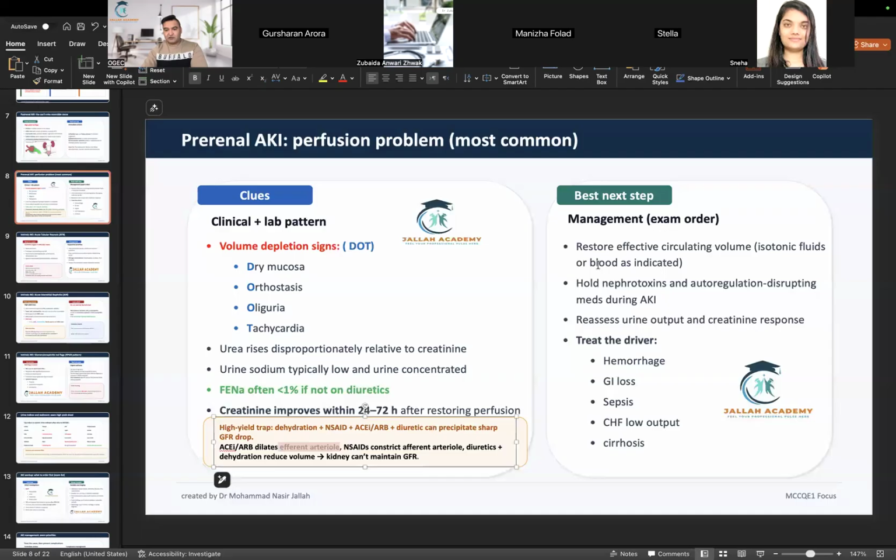Now, best management. If it happens that you have pre-renal acute kidney injury, what is the first best step? The first best step is to stop the offending medication, whether it is a non-steroidal anti-inflammatory drug or an ACE inhibitor, whatever it is, stop that.